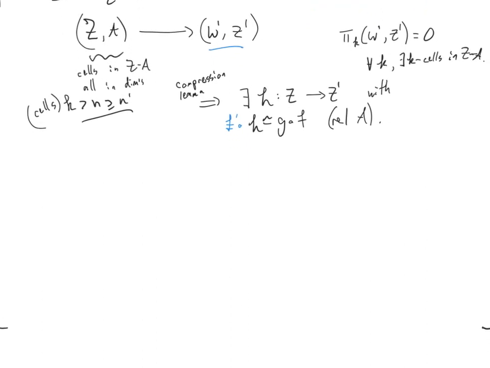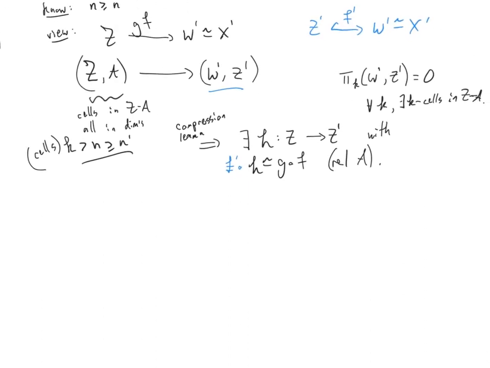For uniqueness, let's just now assume we've got 2 of them. Assume you've got h1 and h2, both maps from z to z prime as desired.